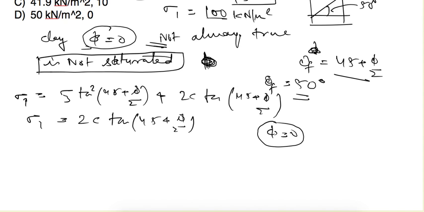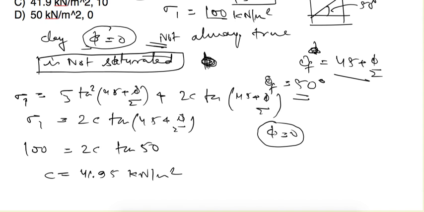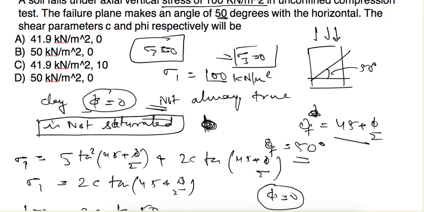So just put it in this equation. Sigma 1 is equal to 100 is equal to 2c tan 50. So from here C will come out to be 41.95 kilonewton per meter square. And they have asked for the angle of internal friction also, that is the value of phi.